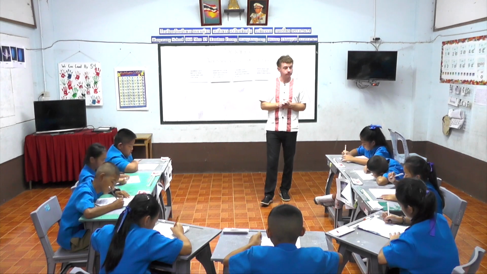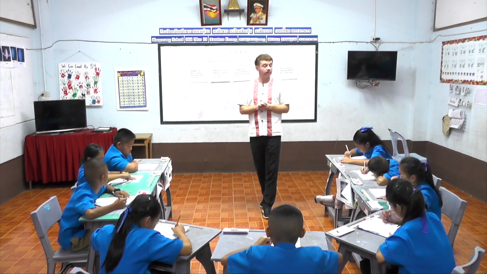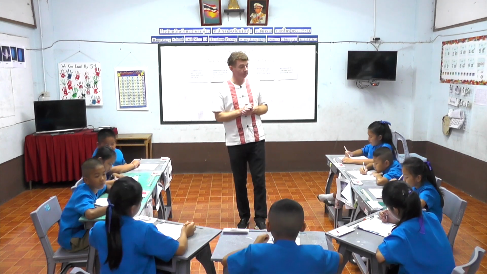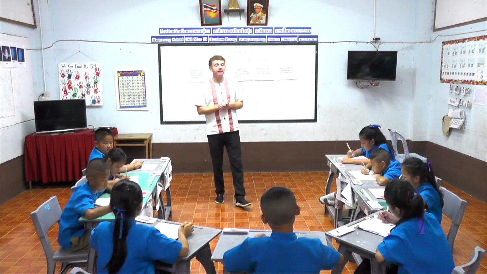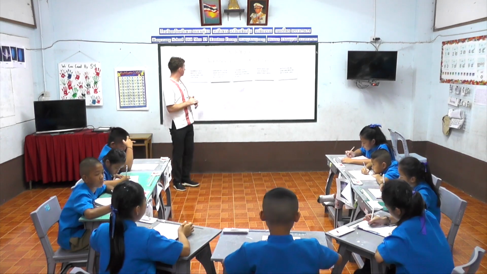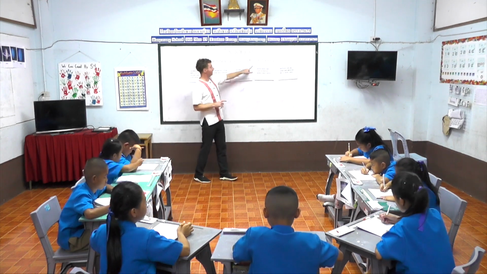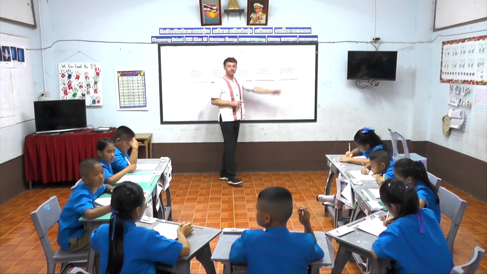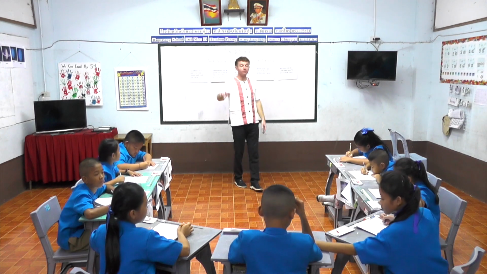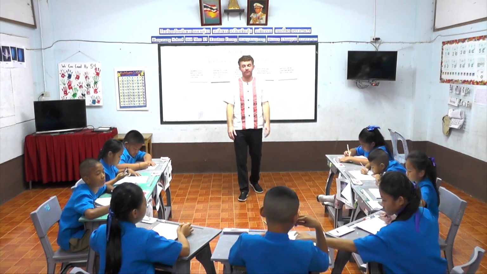Can be classified. How many different groups? 1, 2, 3, 4, 5. We have 5 different groups of vertebrates, as we've learned.